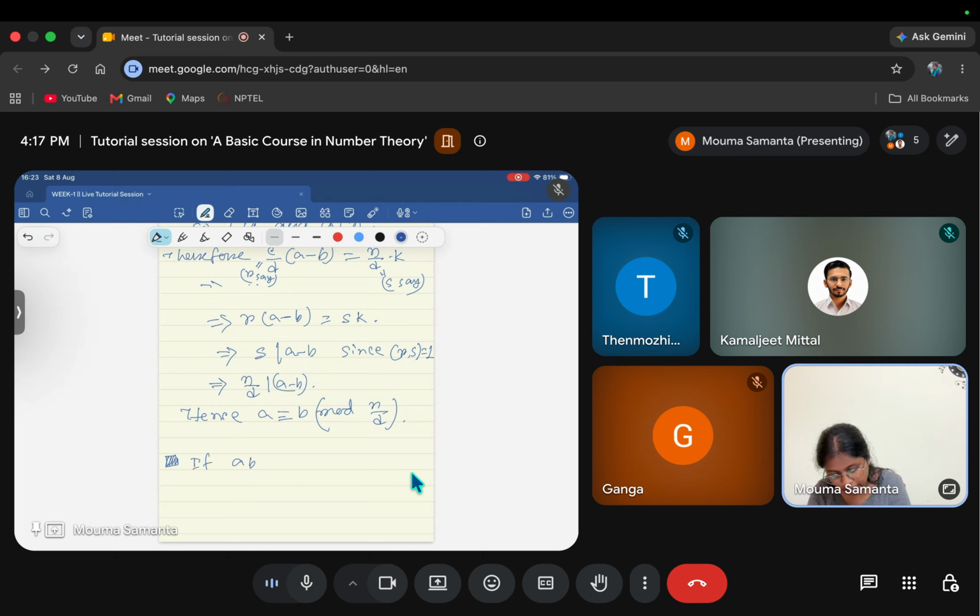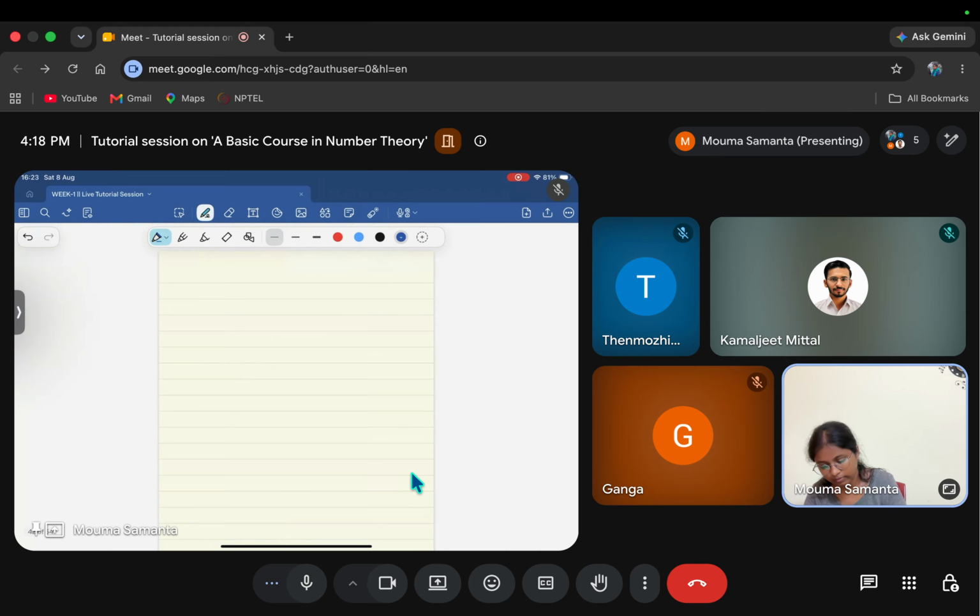If ab congruent to cd mod n and b congruent to d mod n, with GCD of b comma n equal to 1, then we have a is congruent to c mod n.